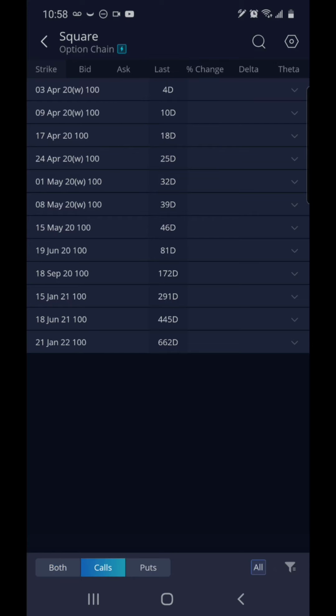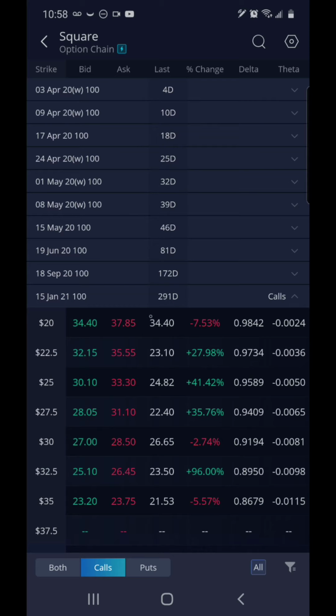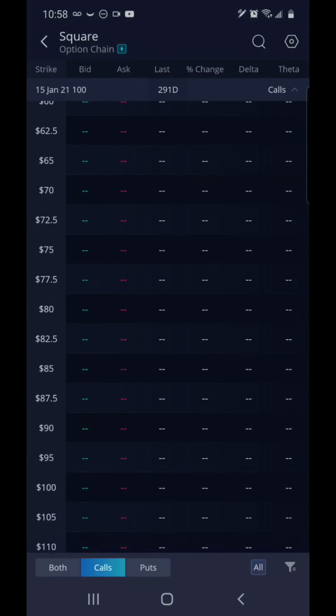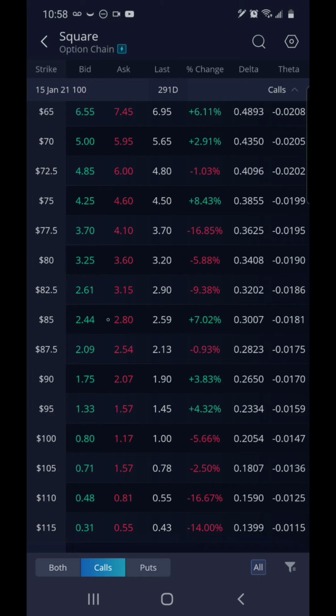You can select calls right away to see only the calls, or you can have both by default. So I'm going to click on just calls, and I'm going to look for the expiration date that we selected in Robinhood, and that's 15 January 2021. I'm going to open that up, and you're going to scroll down to the $85 call, and here it is.